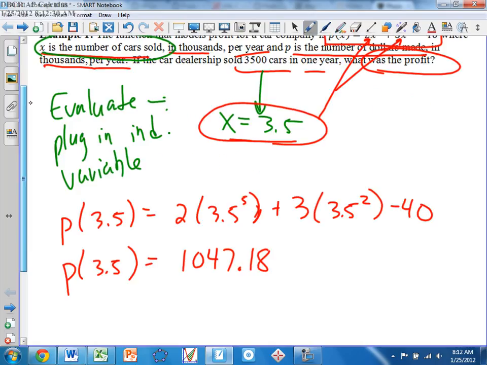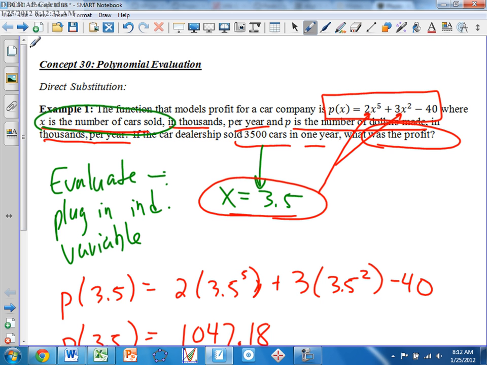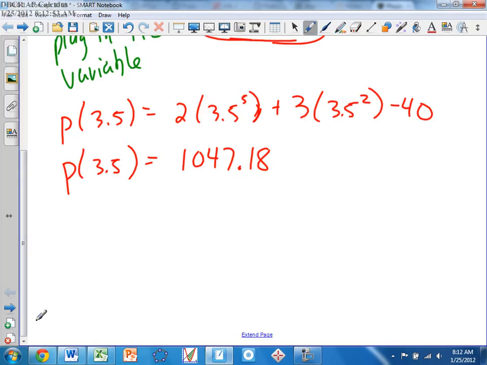Now, look at the definition of P from earlier. It says, P is the number of dollars made in thousands per year. If I made $5,000, I can write it like this, 5, or I can write 5,000 as a number.